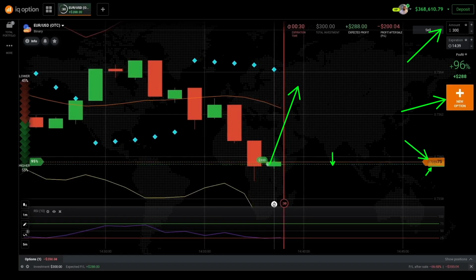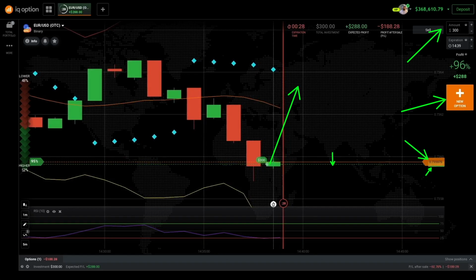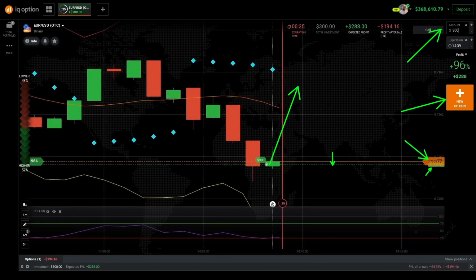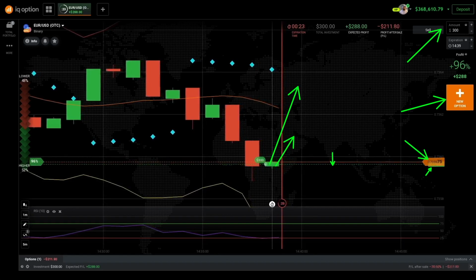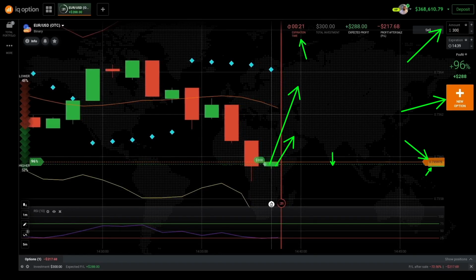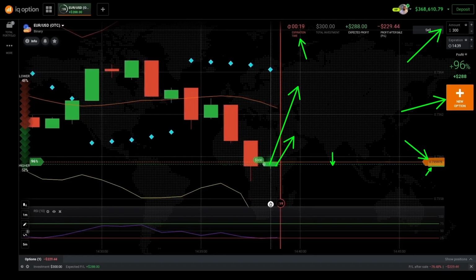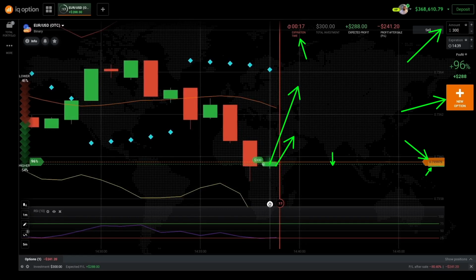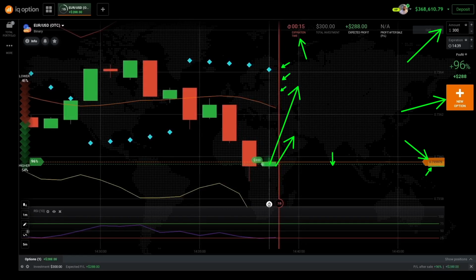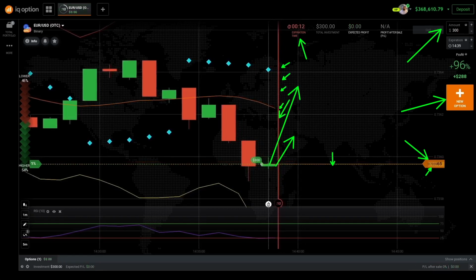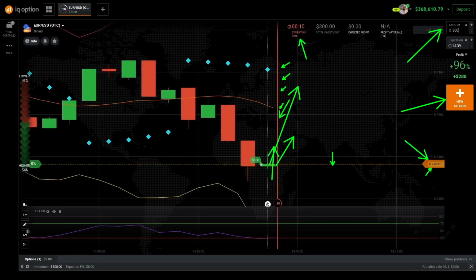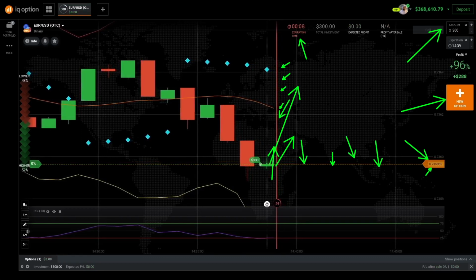This price, the green price, not the orange one, the green price. I expect that the market will close above in 1 minute or less, by the end of this expiration time, meaning when the market reaches this red line, the market will close above this price, right? This price.